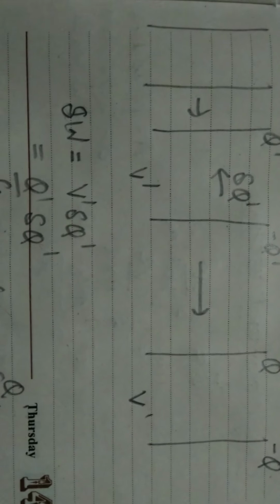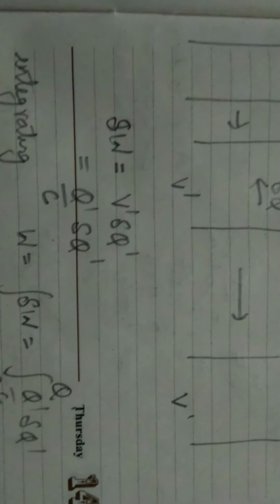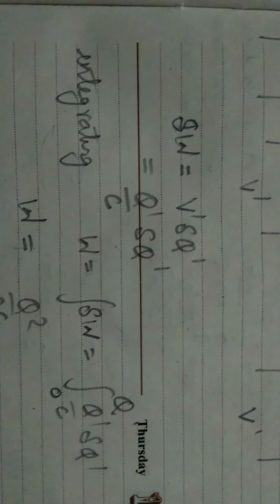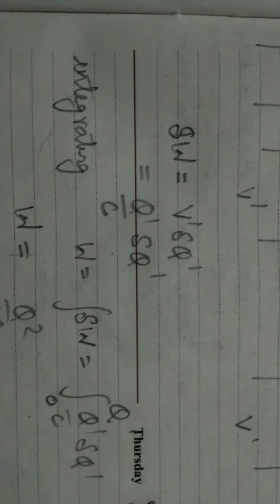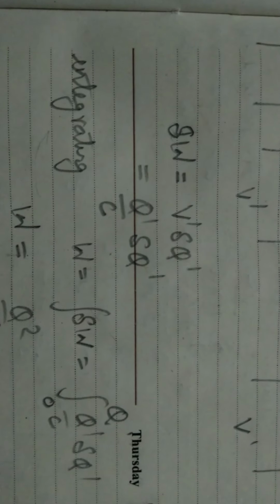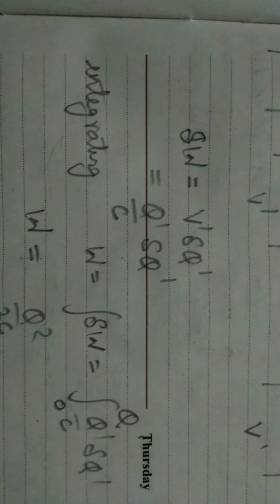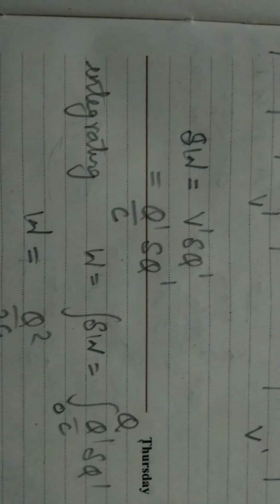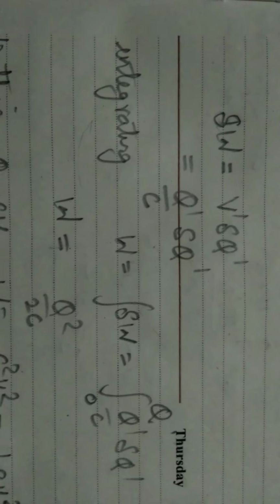So to find the total work done, we will integrate this expression. The small work delta W is equal to V dash delta Q dash. In place of V dash we are keeping Q dash over C. We know that the potential difference is charge divided by the capacitance.